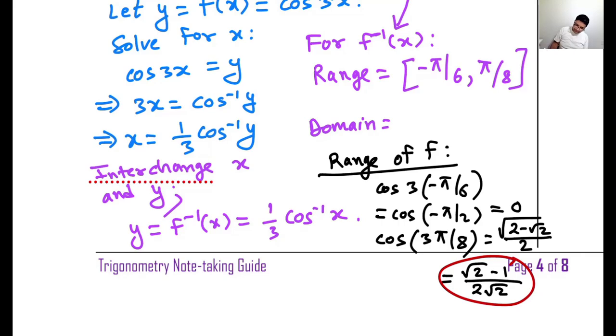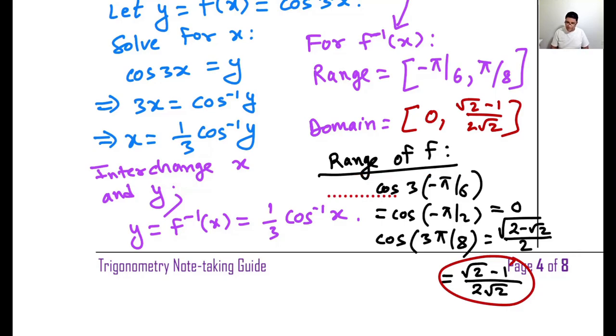From minus pi over 6 it will be increasing. So the range would be from 0 to that value, whatever it is for cos 3 pi over 8.